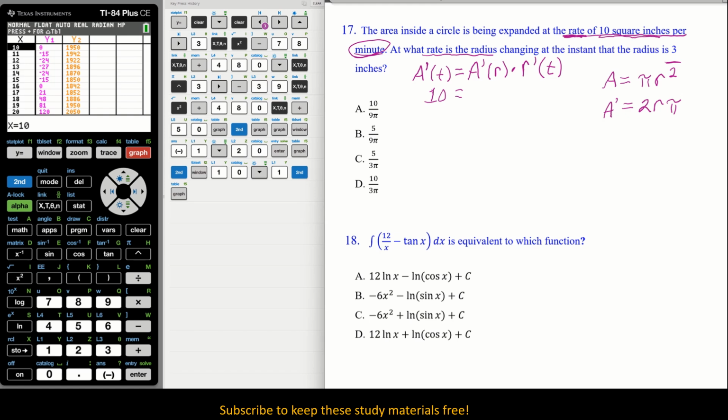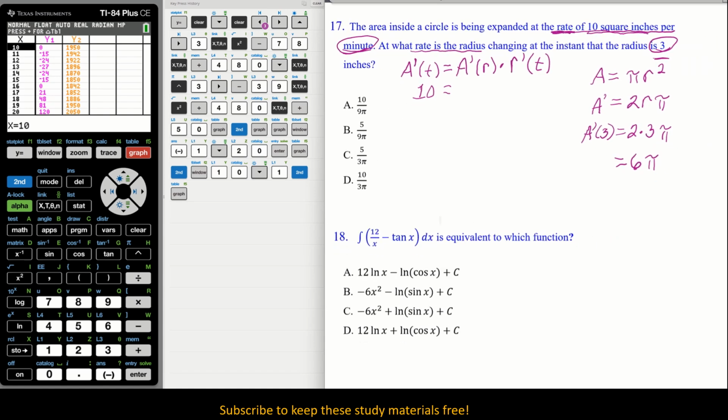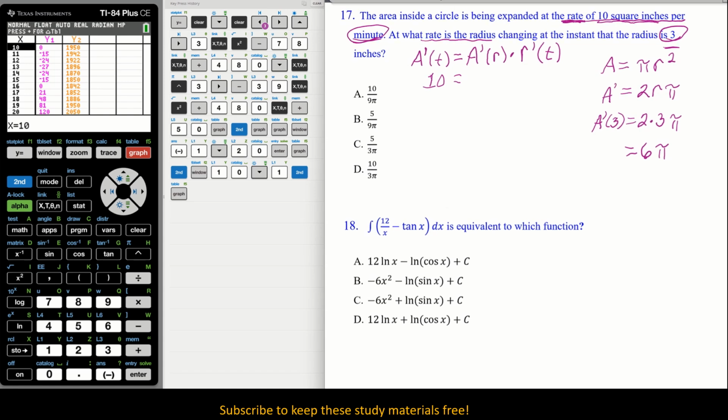But not just that, at the 3 inches, so now we need A prime of 3, the first derivative at 3 inches. That is 2 times 3 times pi, which is 6 pi.